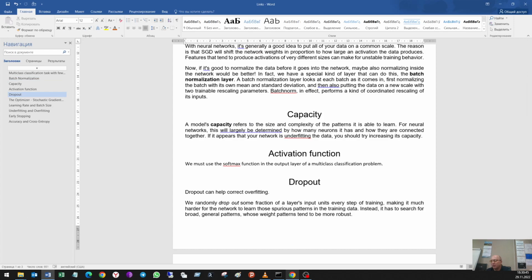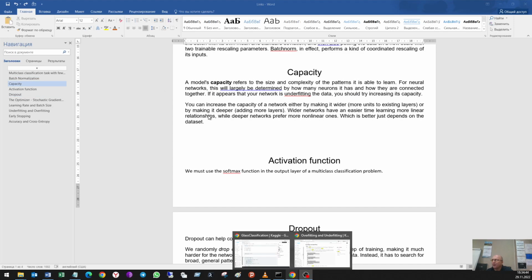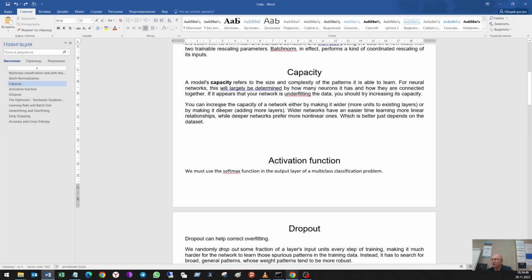You can increase the capacity of a network either by making it wider, adding more units to existing layers, or by making it deeper, adding more layers. Wider networks have an easier time learning more linear relationships, while deeper networks prefer more non-linear ones.